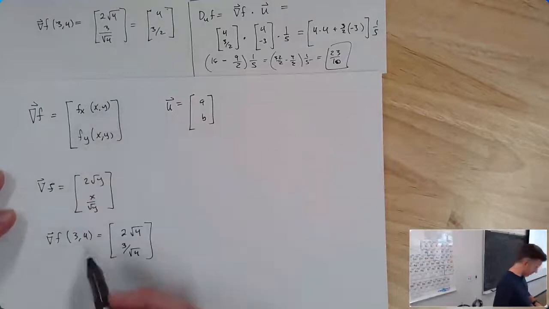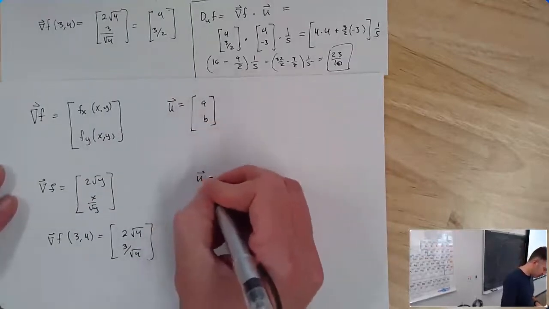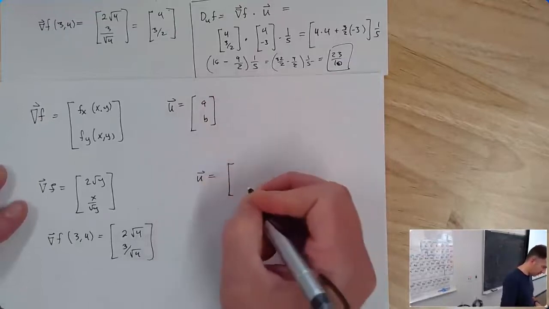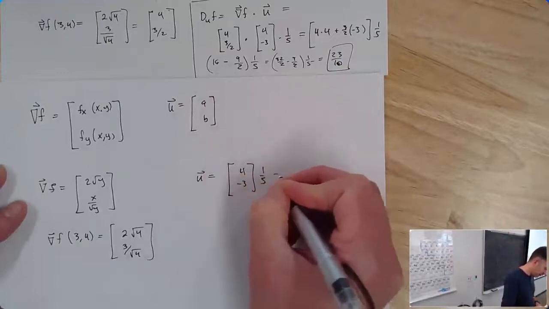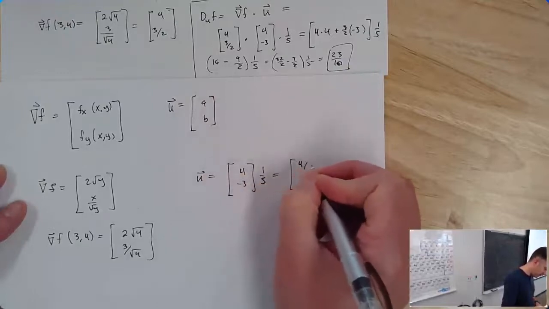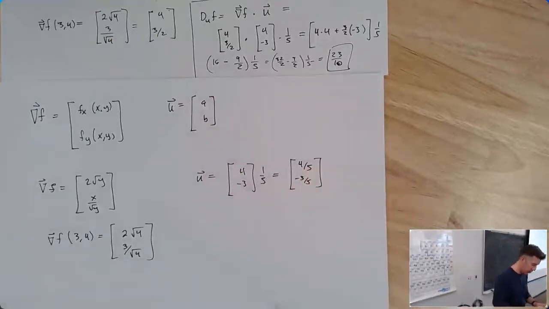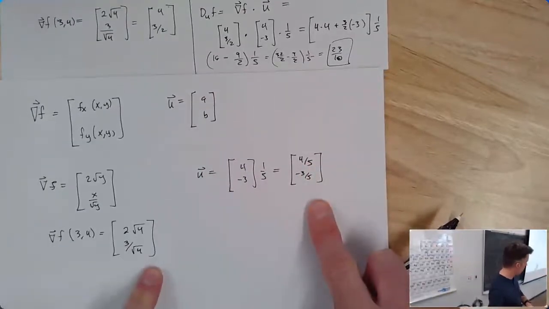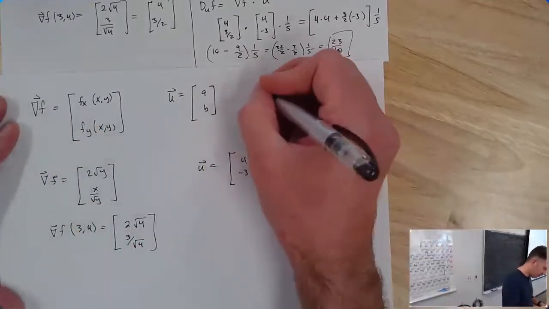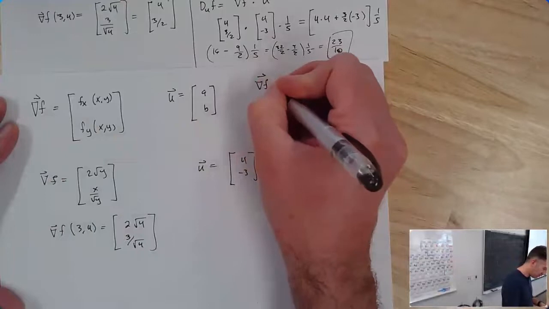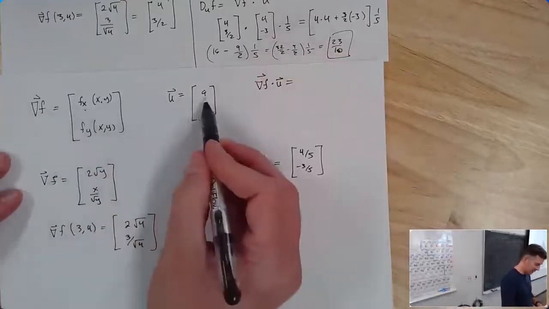And then our unit vector, I was writing it as the vector (4, -3) times 1/5, but if you prefer, you can write this as (4/5, -3/5). And then the idea is we're going to dot these two vectors together. In the general format, the gradient of f dotted with the vector u is just that times that plus that times that.